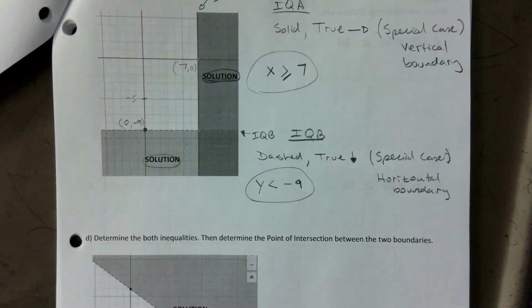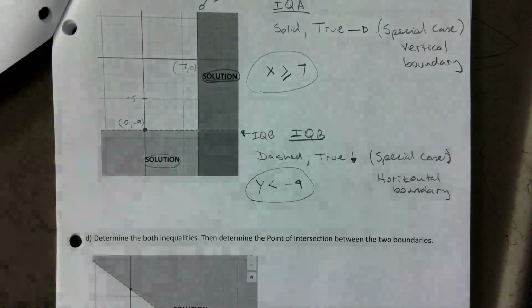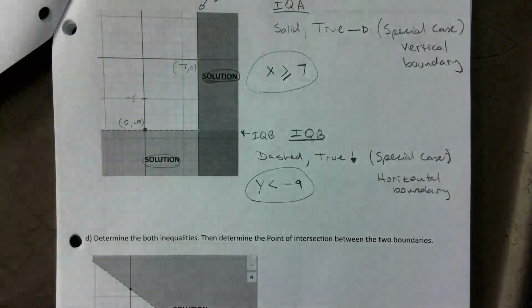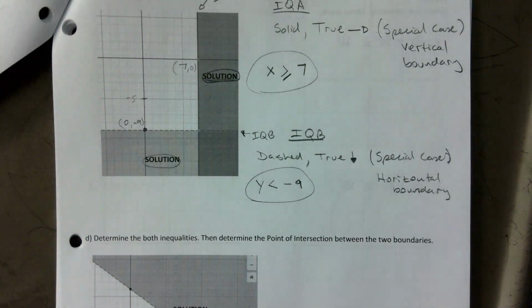So I take a lot of time. After a while, you'll just know. You'll just be able to say, oh, vertical, where does it go through, solid, dashed, right? You won't be as systematic. You'll just have your way to do it. But you've got to find a method that's going to help you.